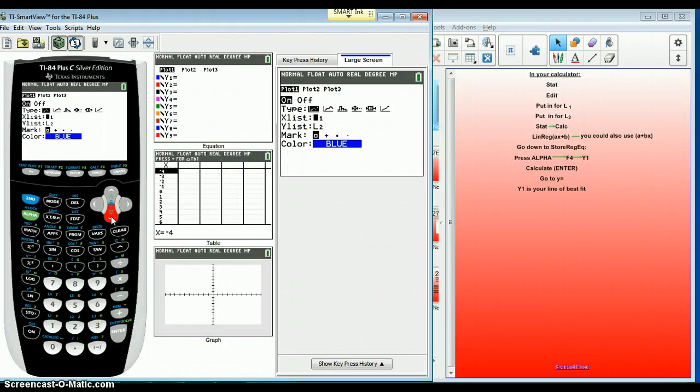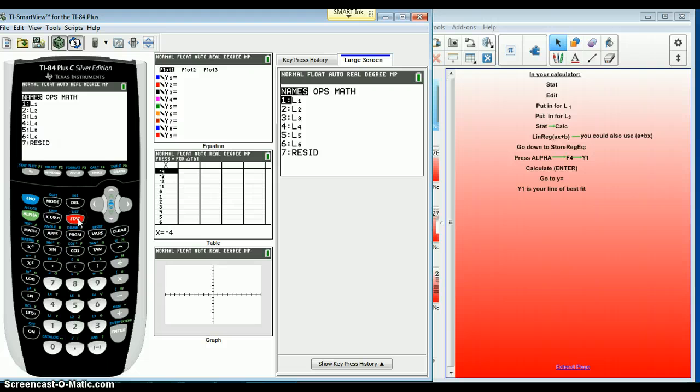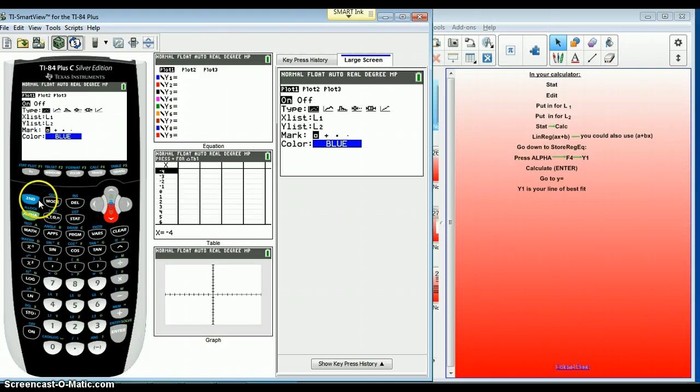And we want to make sure that our x list is L1 and our y list is L2. If it's not, press second stat and enter L1, and then do the same thing here, second stat and enter L2. Okay?